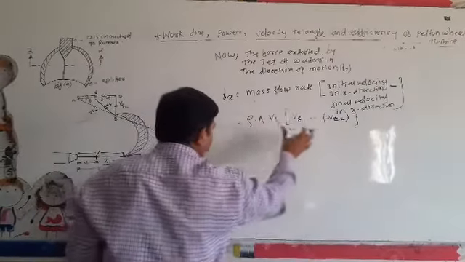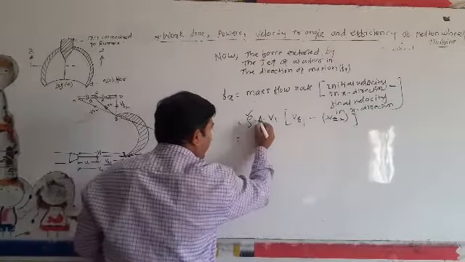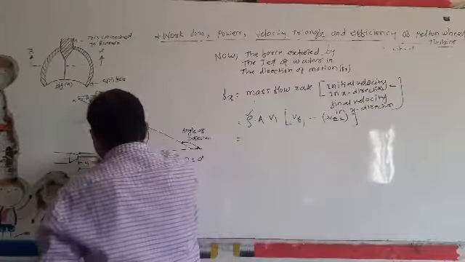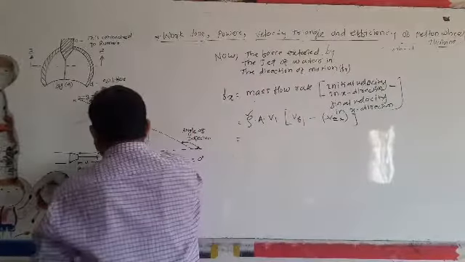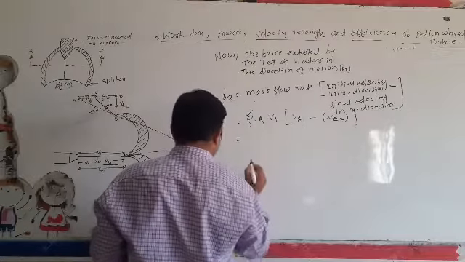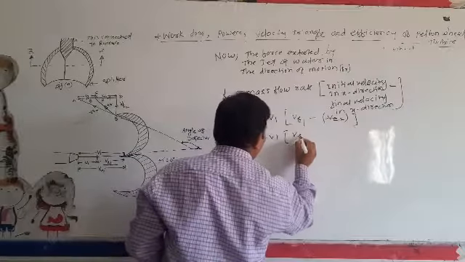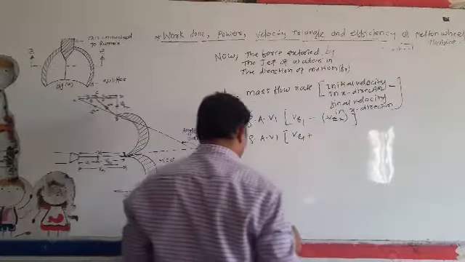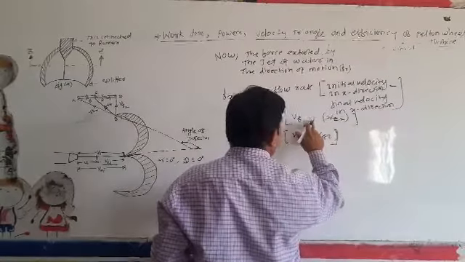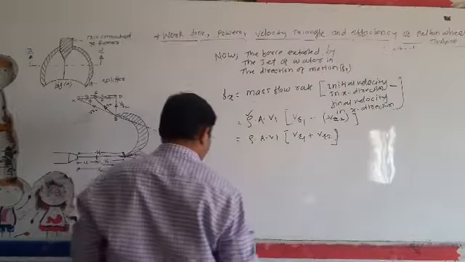Here rho is the density of water, a is the area of cross section, and V1 is the velocity of impact of jet at the inlet. Hence we can calculate here rho a V1 into VR1 plus VR2, because here minus into minus becomes plus.